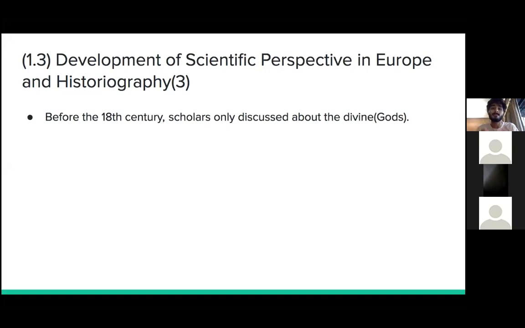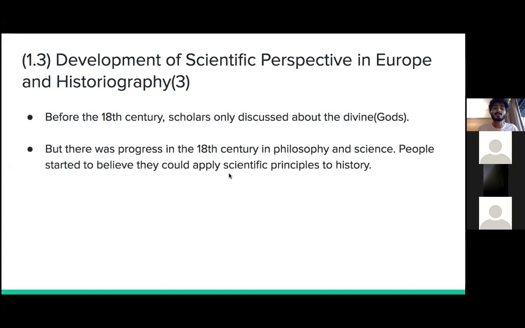Before the 18th century, we would discuss history by including gods in it. We would write that everything that happened happened because of the gods or in some relation to gods. After the 18th century, we progressed, or during the 18th century, we progressed, philosophy and science progressed.